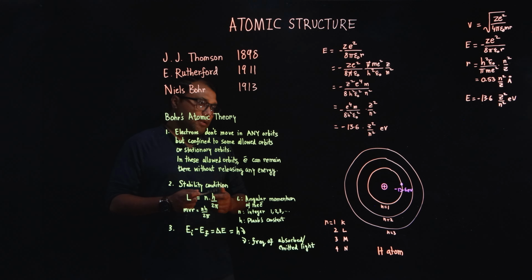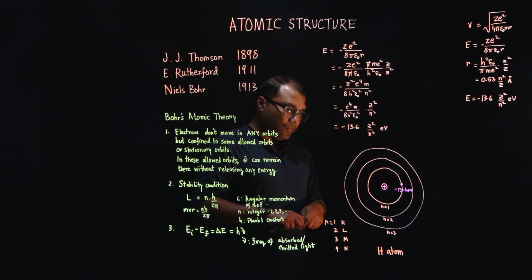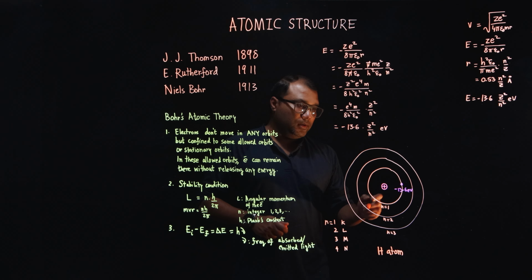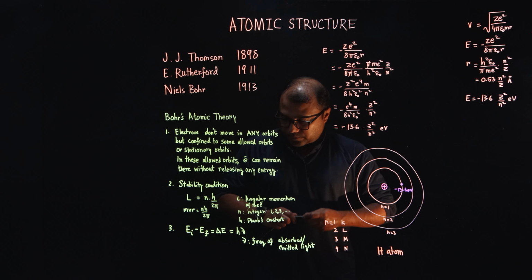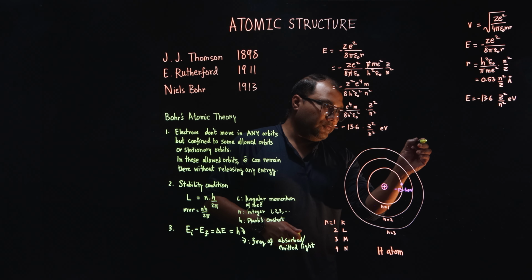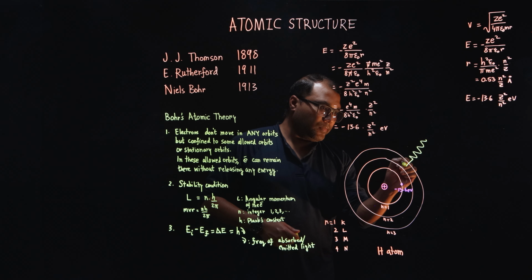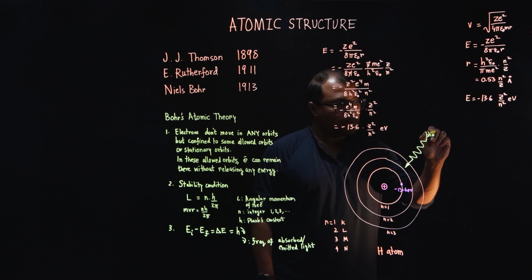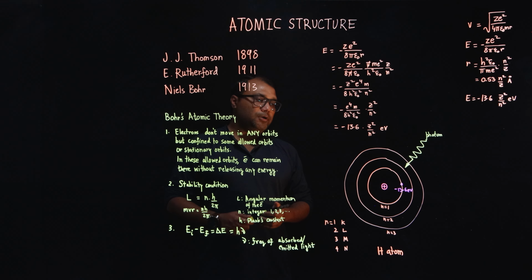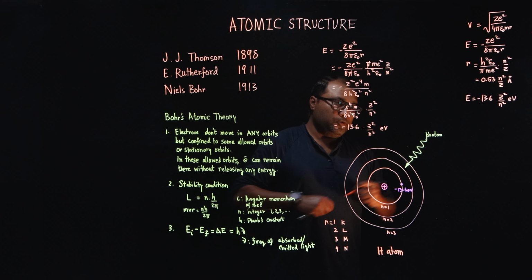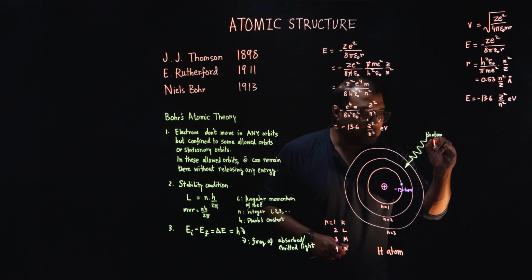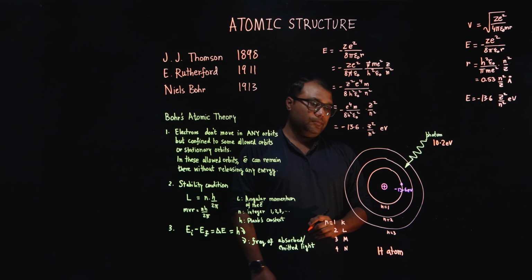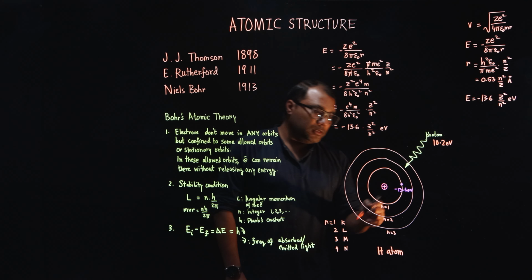Now let's say there is a photon imparted to the hydrogen atom. Total energy of that photon is 10.2 electron volt.